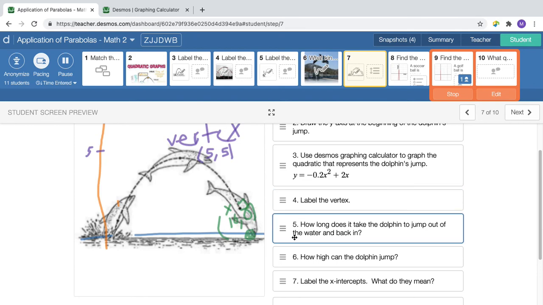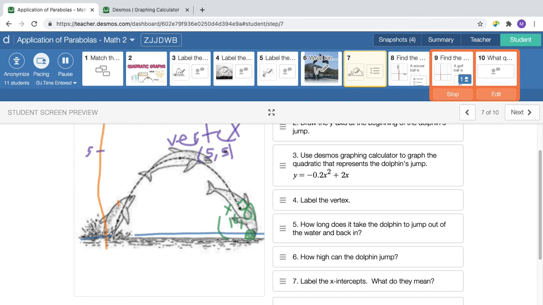Next, it says, how high can the dolphin jump? Well, we can see, we already labeled that with this vertex. That's the highest point, as long as the parabola is shaped like this. So here's the highest point, and the Y value of that is 5.